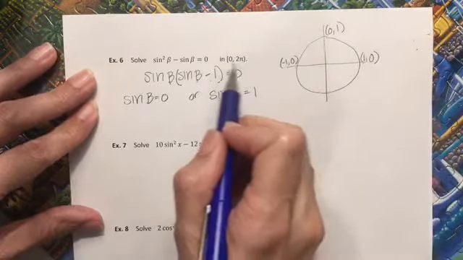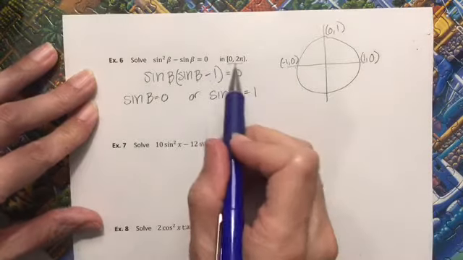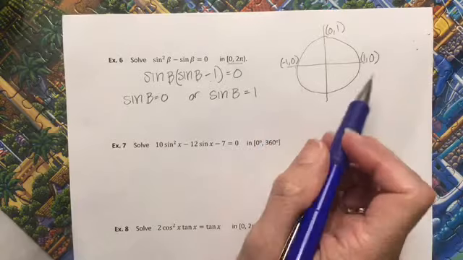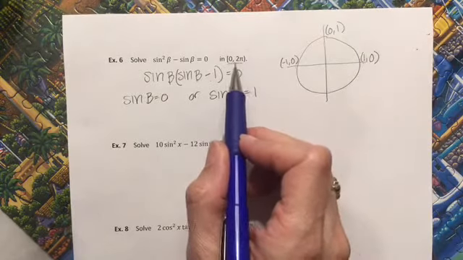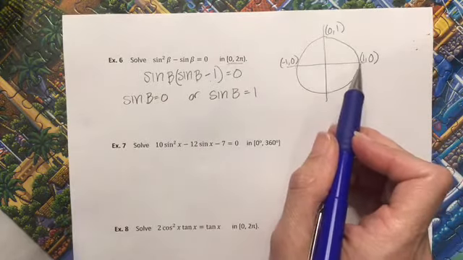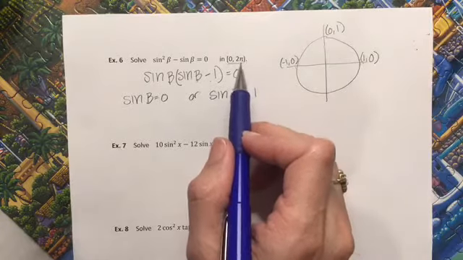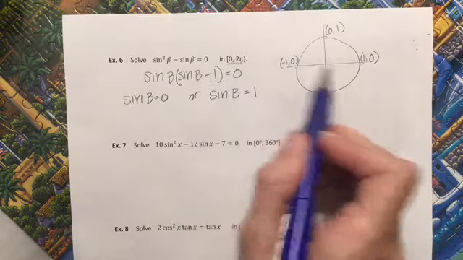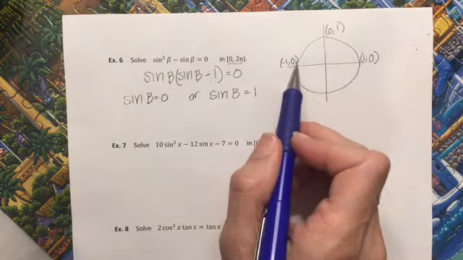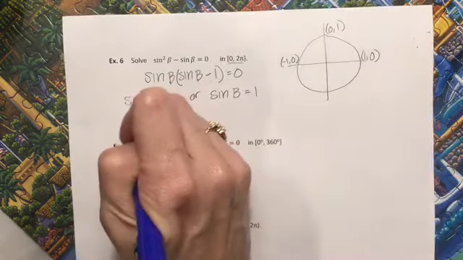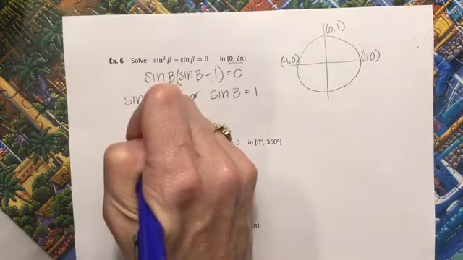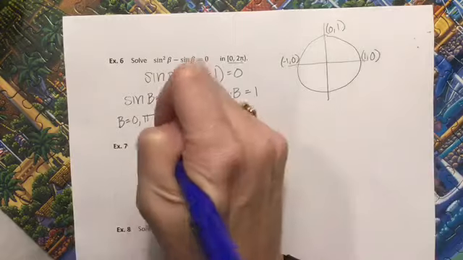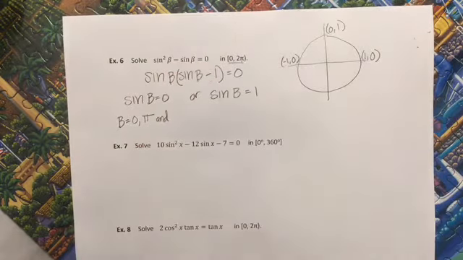And we're going radians because they told us radians here by the intervals. We're going to use 0, not 2 pi, because notice there's a parenthesis here. We're not including 2 pi. 2 pi doesn't get to be part of the answer. So it's at 0 and pi.